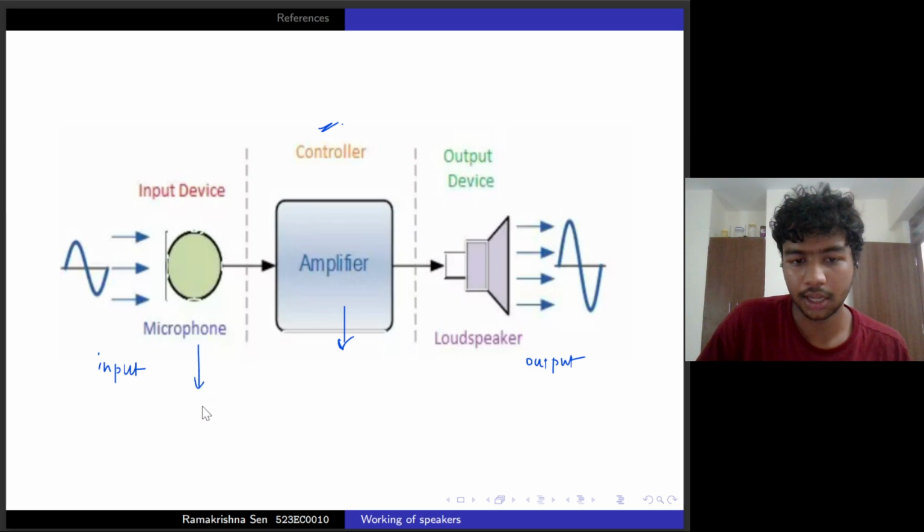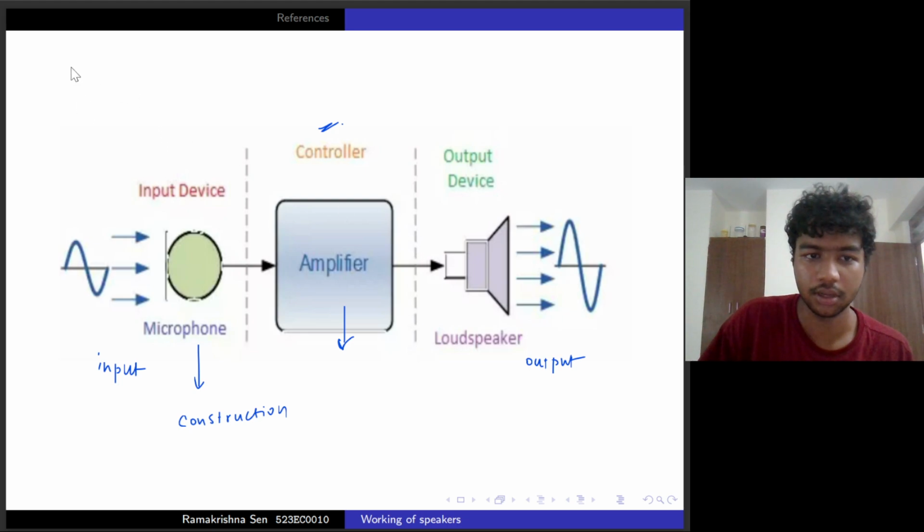The microphone is the same as a loudspeaker in the sense that the construction is same, but the controller inside the microphone is different. Just to be one step ahead of the talk, microphone has a sensing element and a solenoid element, right? We will talk more about the solenoid element throughout this session.